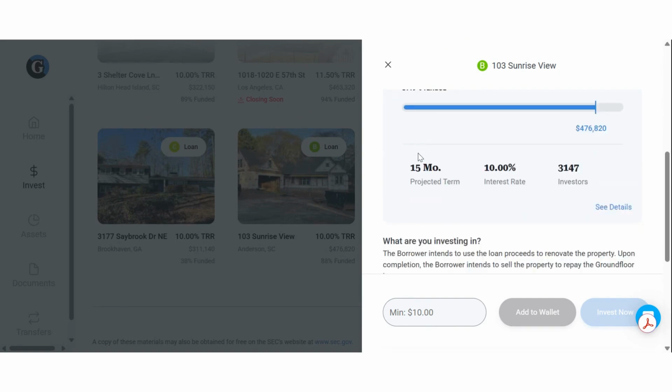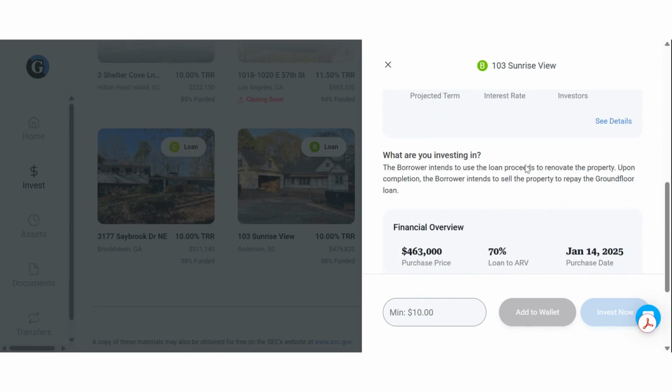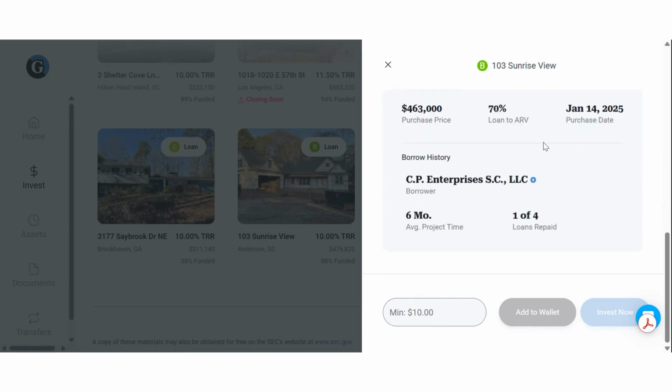They have an expected interest rate of 10%, and the term is for 15 months. Overall, I would say that's not bad, but what I have to look at is my rate of return for the amount of time invested, which means this will be less than 10% for a year.